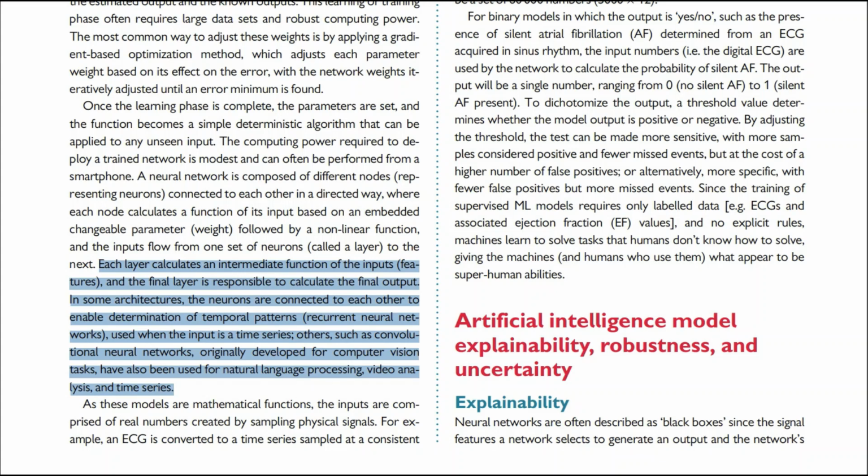In some architectures, the neurons are connected to each other to enable determination of temporal patterns, recurrent neural networks, used when the input is a time series. Others, such as convolutional neural networks, originally developed for computer vision tasks, have also been used for natural language processing, video analysis, and time series.